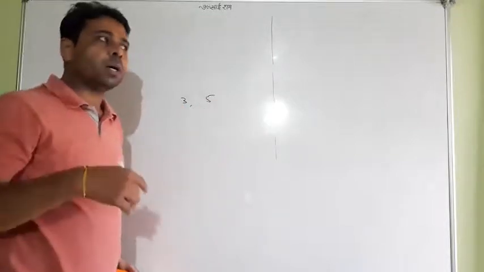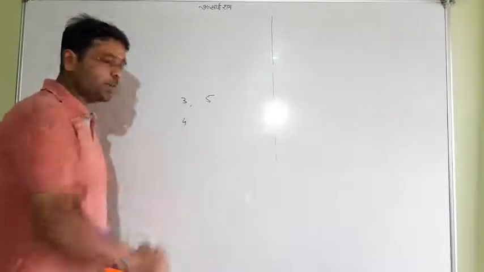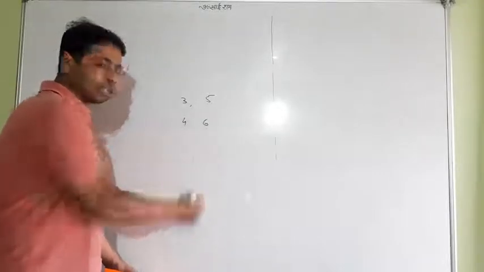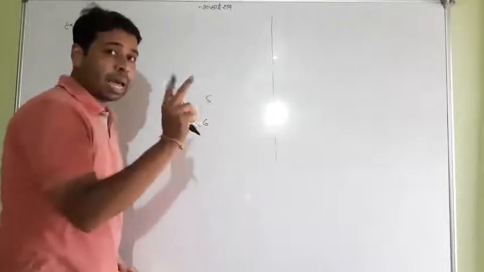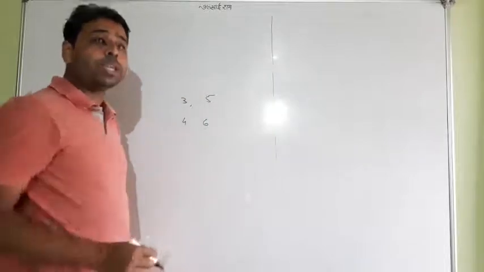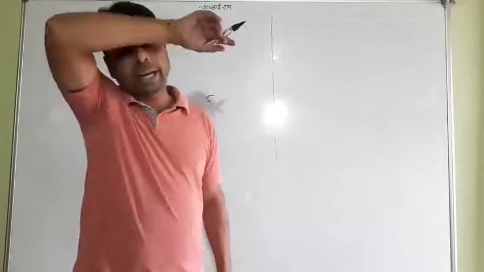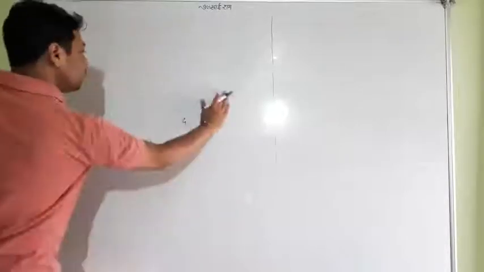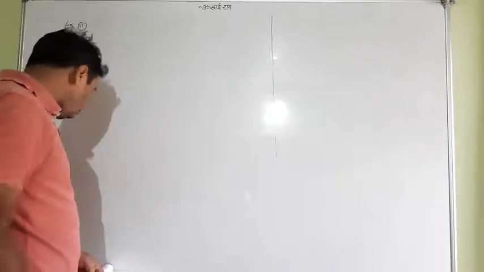Or suppose it is even: if the first is 4, the consecutive even number will be 6. So in both cases we add 2. 3 plus 2 is 5, 4 plus 2 is 6. So for even or odd, if the first number is x, the second number is x plus 2.